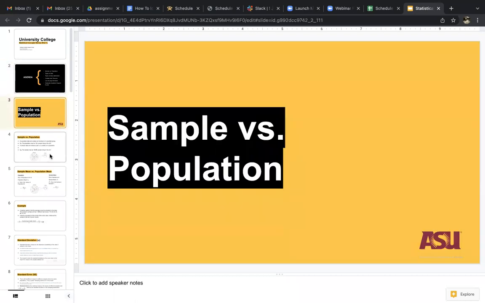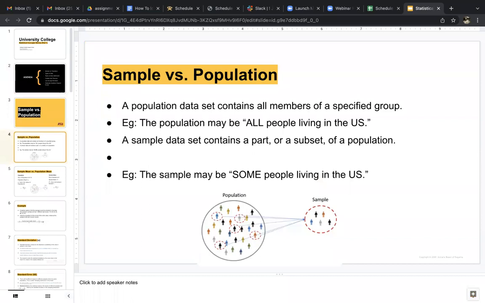So, the basic definition of what is a sample and what is a population. A population data set contains all members of a specified group. For example, a population may be all people living in the US. You can consider the population as your main set.